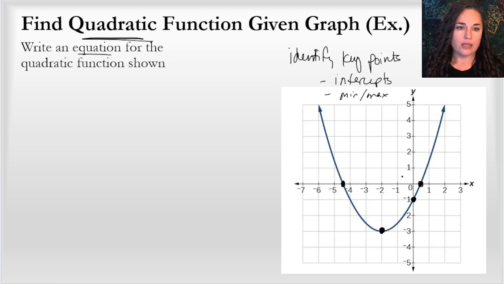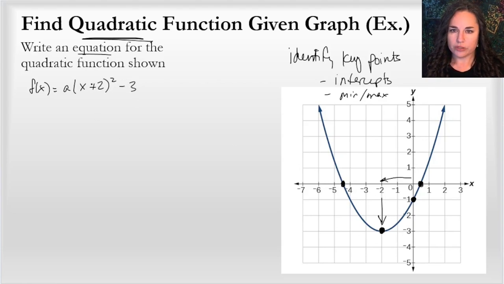Well, for me, I think it's easy to do the vertex form. I move backwards 2 and downwards 3. So I could write f of x equals a times (x minus -2) squared minus 3. Remember in the general form there's a minus here and I have a -2, so there are 2 negatives. So that would give me that. I could solve for the a value by plugging in a point.